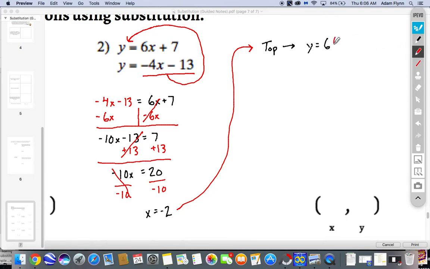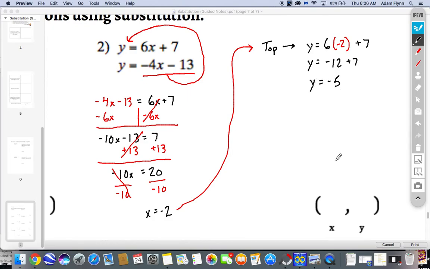Instead of x, I'll replace it or substitute in a negative 2 plus 7. So 6 times negative 2 is going to be negative 12 plus 7. Negative 12 plus 7 is going to be negative 5, so I end up getting y equals negative 5.